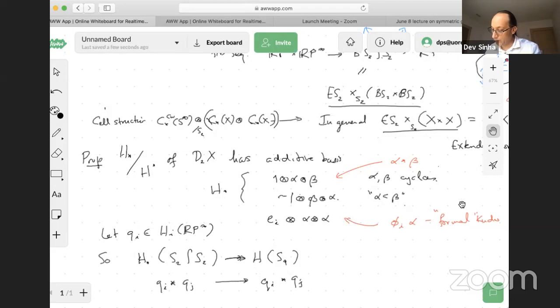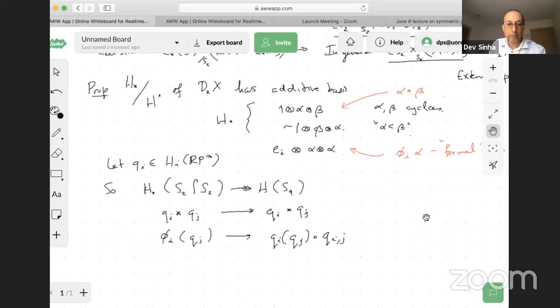But then the more interesting thing is that this formal Dyer-Lashoff operation on Qj is going to go to, well, Qi of Qj, which we were often calling Qi comma j. So this map from the p-Sylow in this case is saying we've got these Kudo-Araki operations, and the homology of the wreath product is the formal object on those.